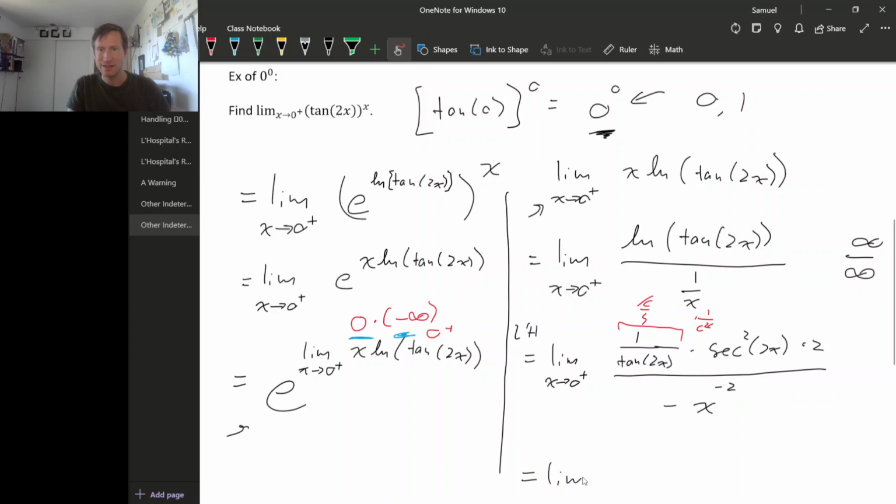So limit as x goes to 0 from the right, we're going to get 1 over sine 2x times cosine 2x.